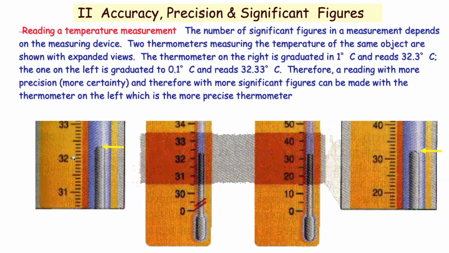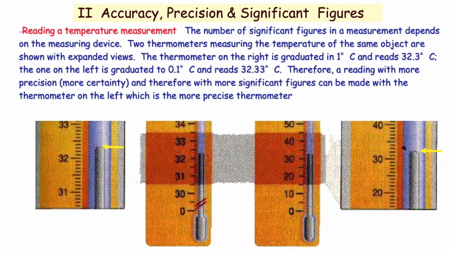Because if this is 32 and this is 32.1, each increment is 0.1. So you're going to read this thermometer to the hundredths place, 2 digits past the decimal. I would estimate this measurement to be 32.35. You need 2 digits after the decimal point.